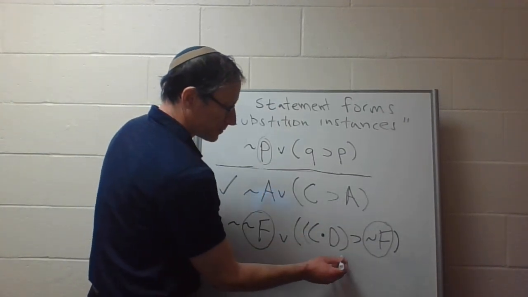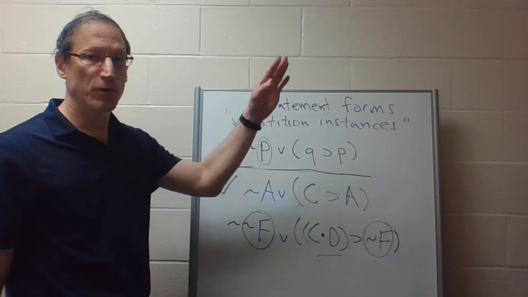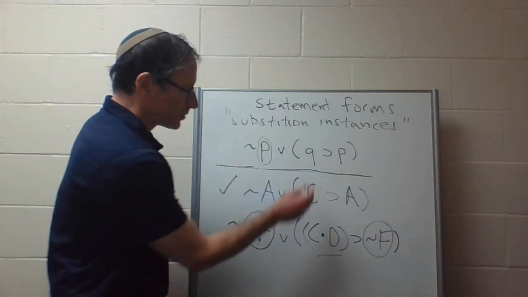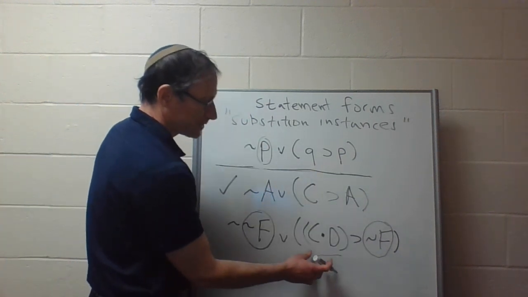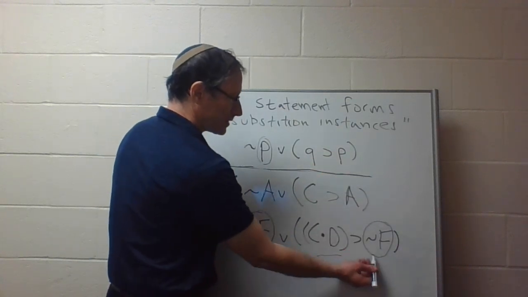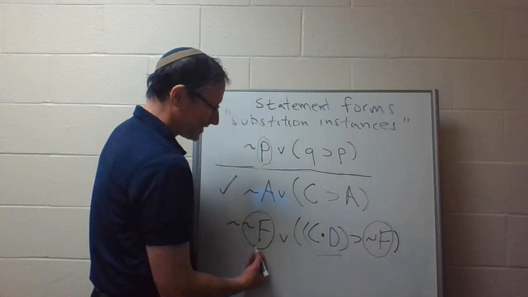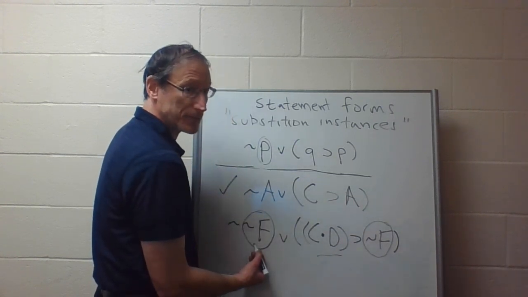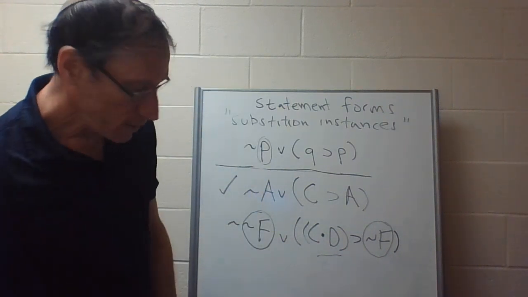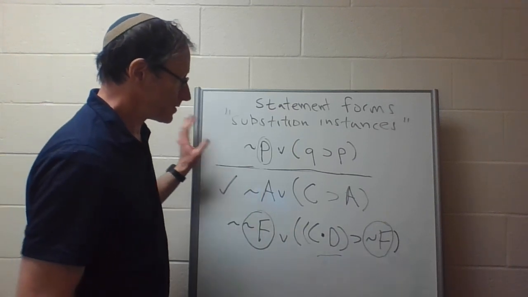Q is being substituted by C dot D. Remember, Q can stand for any formula, very long formula, very short formula. Horseshoe is maintained, not F. Why is it not F? Because P itself is not F. Okay, those are examples of substitution instances of this form.